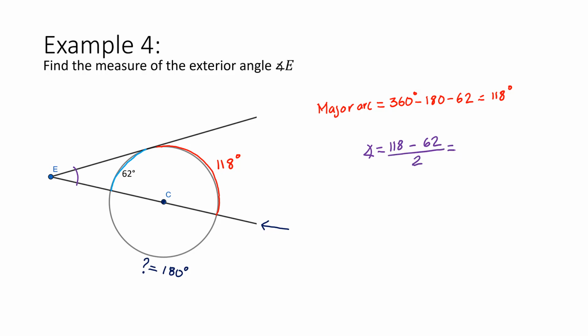That equals 118 minus 62 gives us 56, over 2, 28 degrees. So angle E equals 28 degrees.